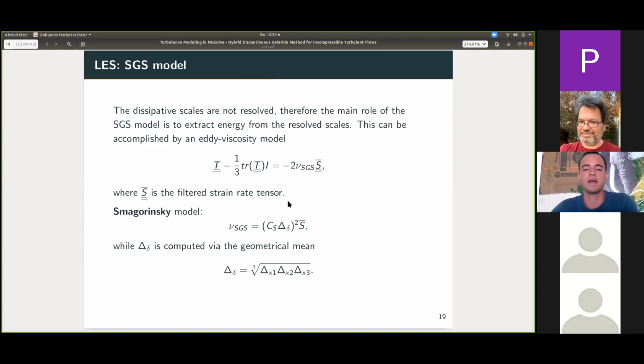We do not need a very sophisticated model like a two-equation model or one-equation model, since we only resolve a bigger part and only model a smaller part. Therefore, algebraic models like this Smagorinsky model, which can be seen here, are for most cases quite sufficient, and this filter width can be computed with this geometric mean.